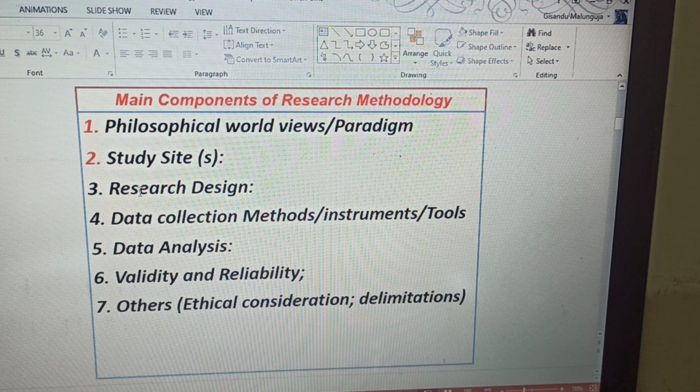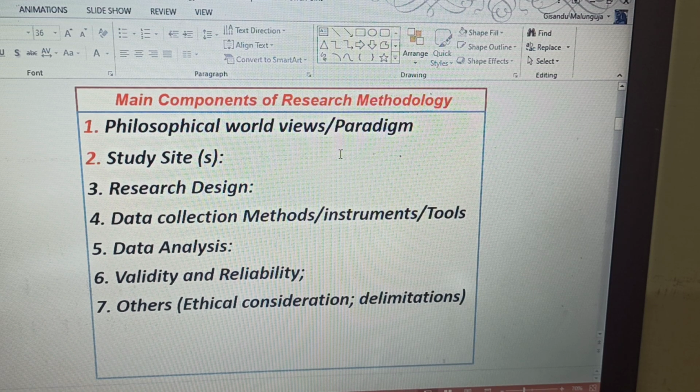So under the research methodology, they start with a philosophical worldview or the paradigms of the study, trying to demonstrate and explain the reason behind the selection of the conceptual and theoretical frameworks, and why he has decided to carry out that particular design, for what particular reason, under whom, to whom.